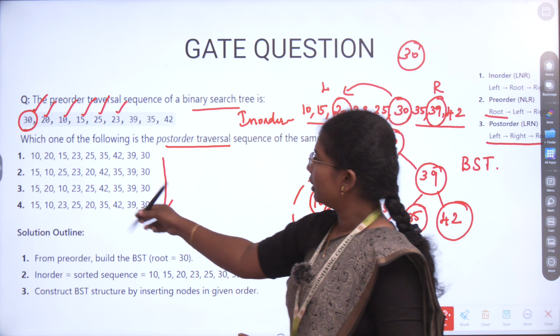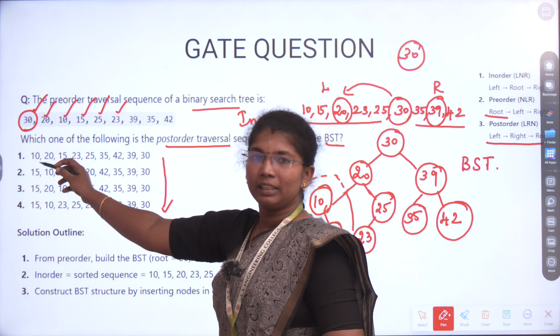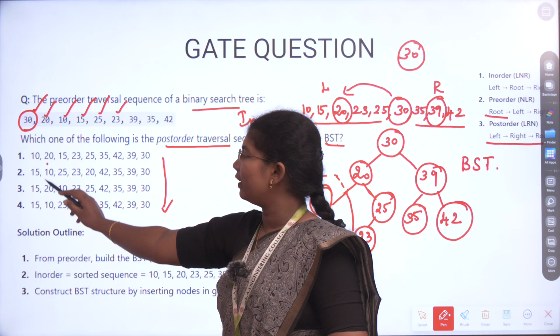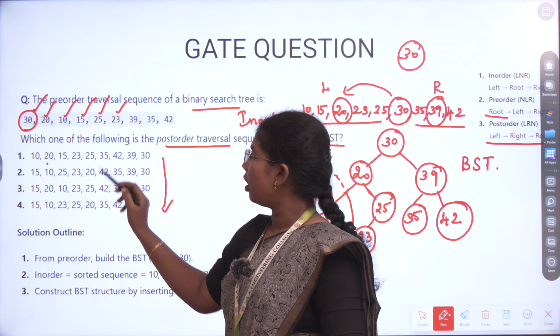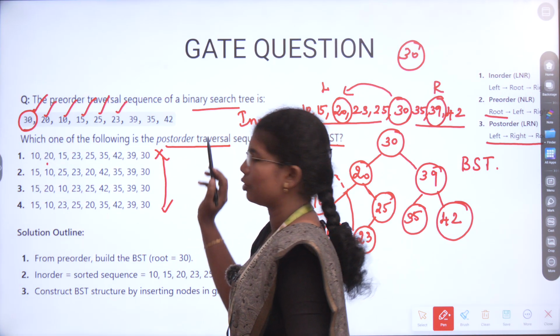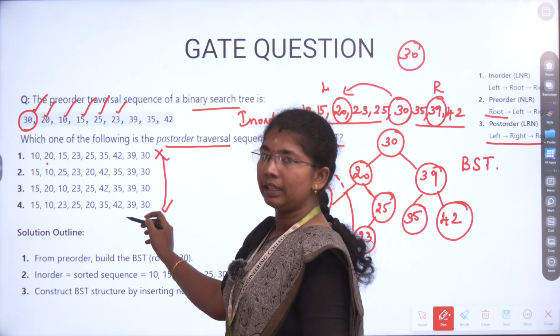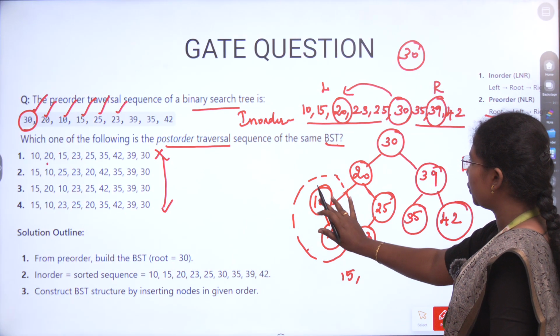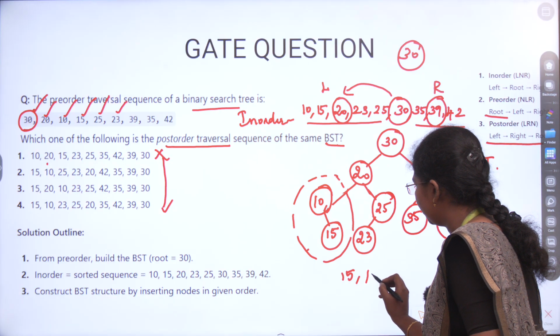So here in the question, in option A we are having 10 at the first, but in options 2, 3, 4 we are having 15 at the first. So obviously we can see that the first option is eliminated from the choices. So from these three, one will be the answer. After the right, then the root, next will be 10.